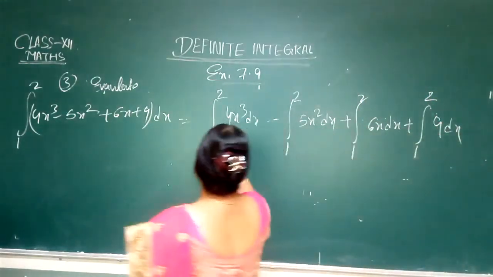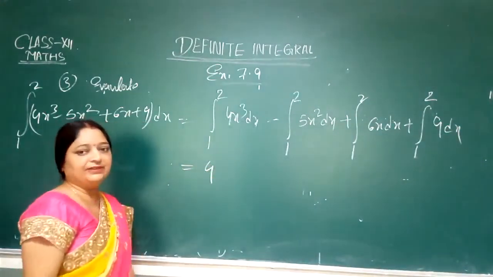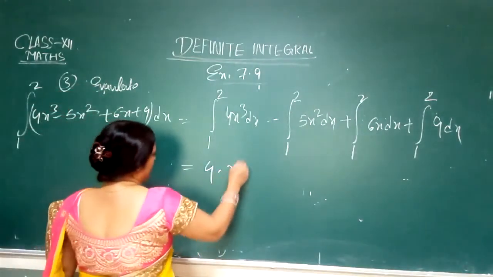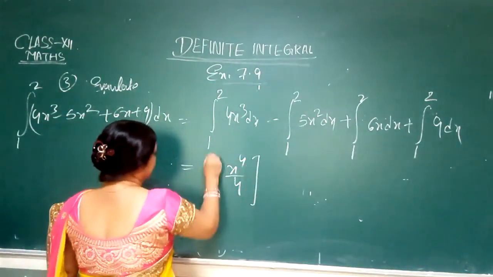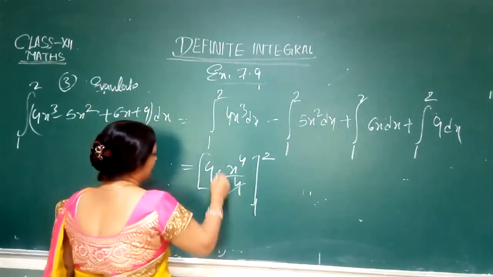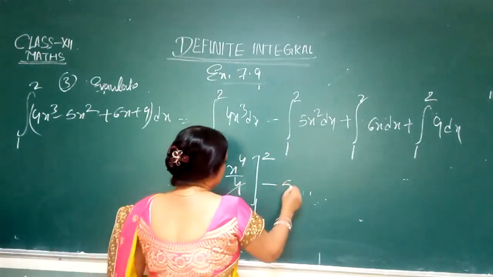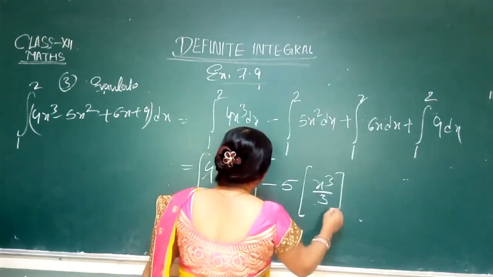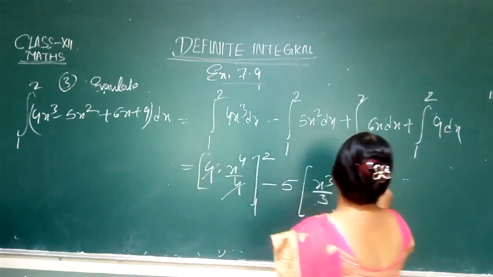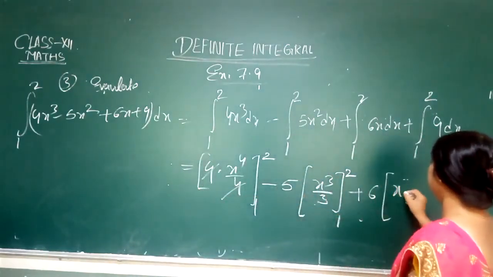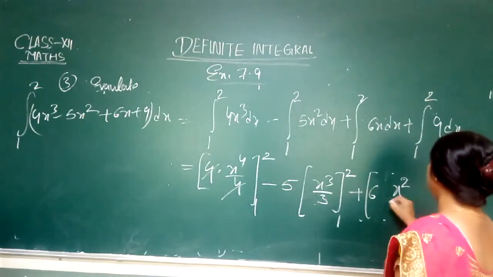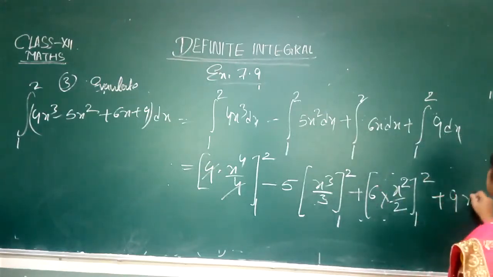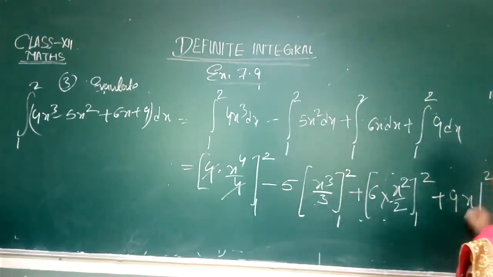Now what is the integration of this one? 4 is a constant, and the integration of x cube is x raised to power 4 upon 4, then apply the limit 1 to 2, and this 4 cancels here. After that, minus 5 is outside, the integration of x square is x cube upon 3, limit 1 to 2, plus 6 is outside, the integration of this one is x square upon 2, 1 to 2, plus 9x, limit 1 to 2.